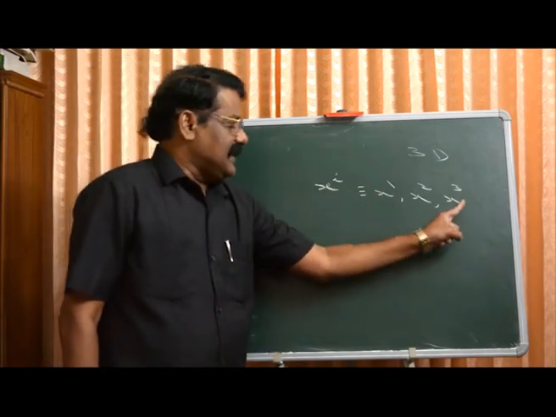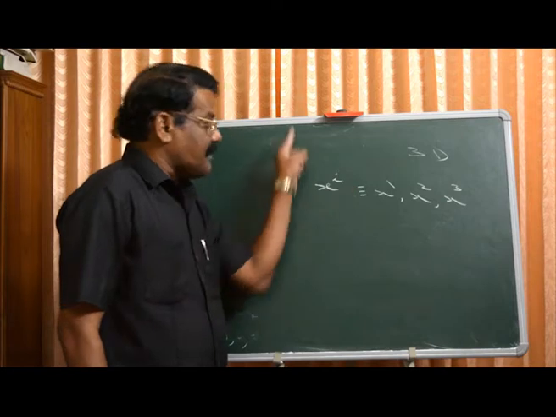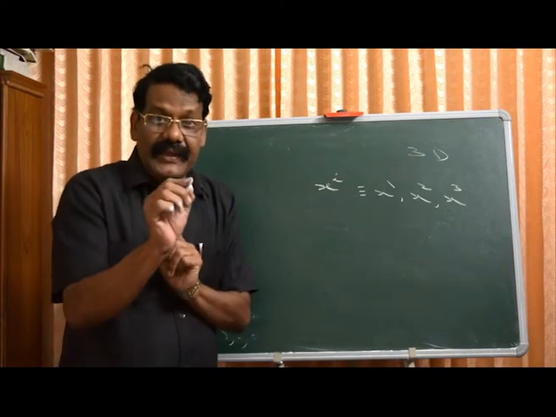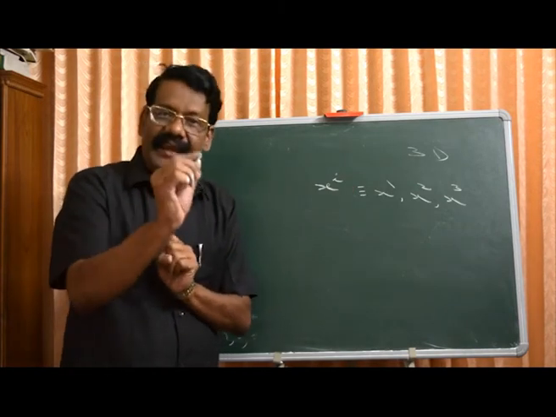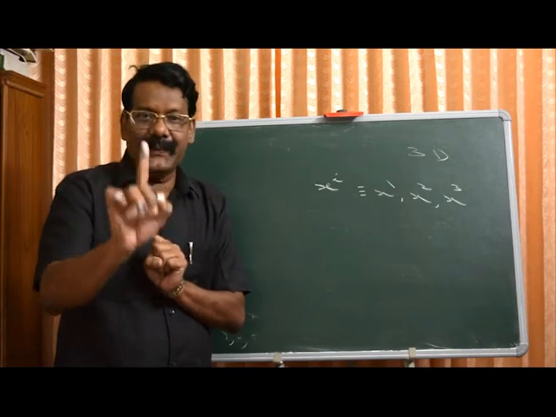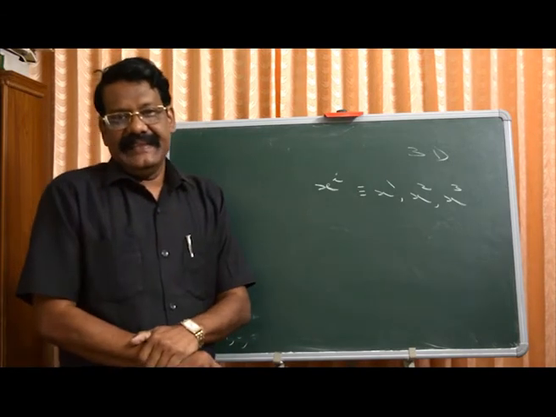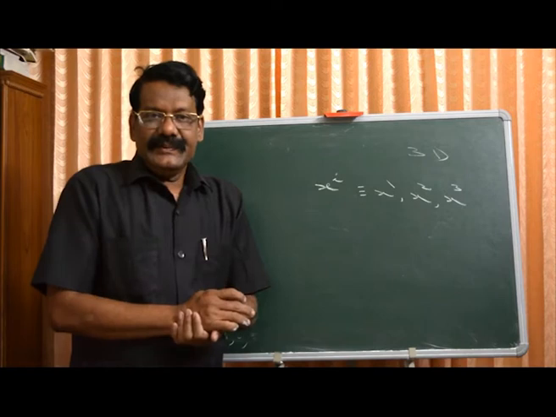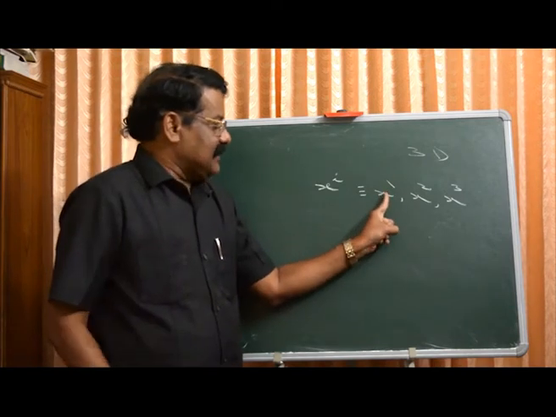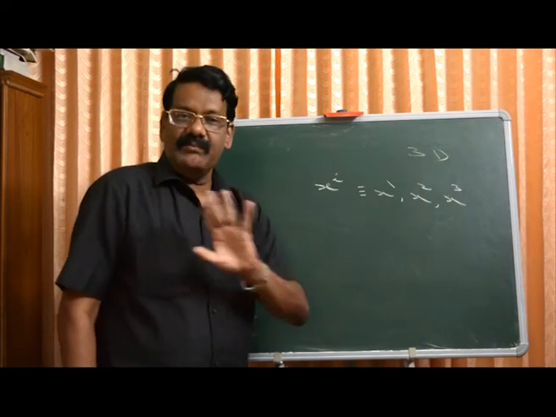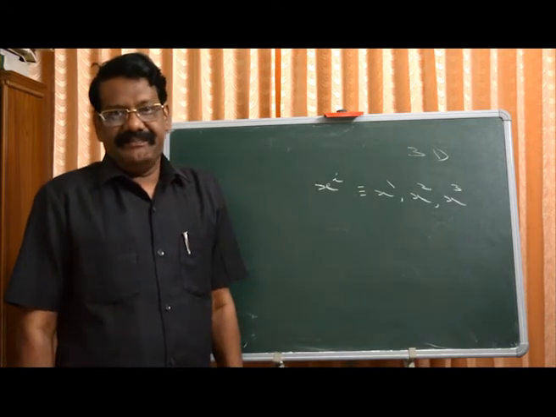So the 3 coordinates are symbolically represented by xi, i equal to 1, 2, 3. And we all know that x1, x2, x3 are mutually independent.